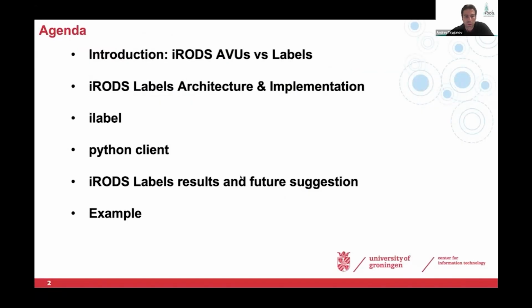I'll start with an introduction, then the iRODS labels architecture and implementation, then the iLabel tool, the Python client for the RPC or PRC, iRODS labels results and future suggestions, and a small example with screenshots that I made during the development.